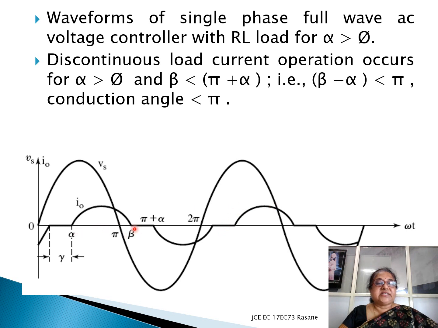But in this case, from beta to pi plus alpha, the load current I0 is 0, which means the load inductance is not sufficient to conduct till the next firing angle, and we get a discontinuous load current. So discontinuous load current operation occurs when alpha is greater than phi and beta is less than pi plus alpha. That is, the conduction angle beta minus alpha is less than pi.